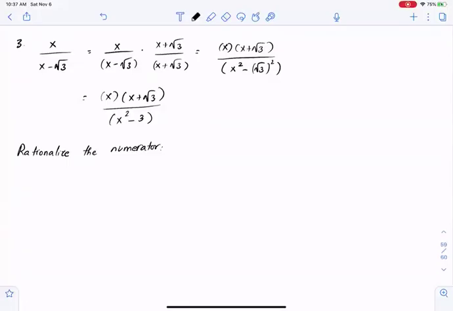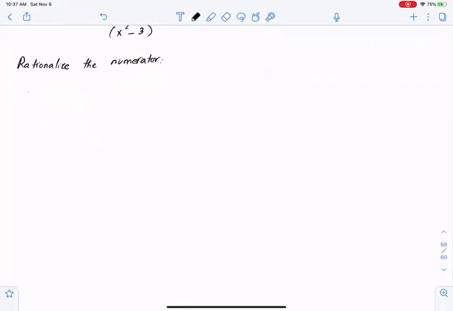So here is a problem where we want to rationalize the numerator. So 7 root x minus root 11 divided by 13. You may say, I have two different radicals, so how do I change the sign? It really doesn't matter. You just change the sign in the middle.